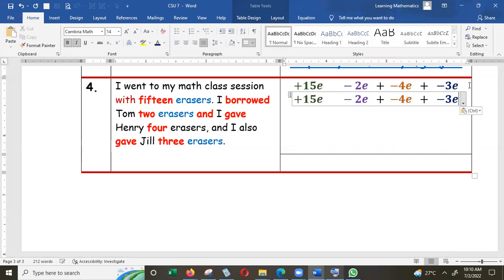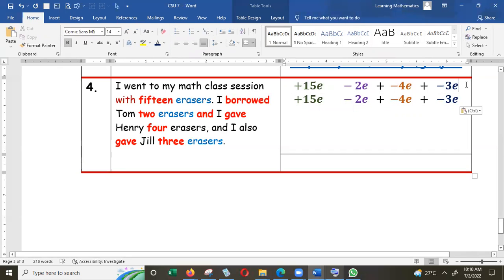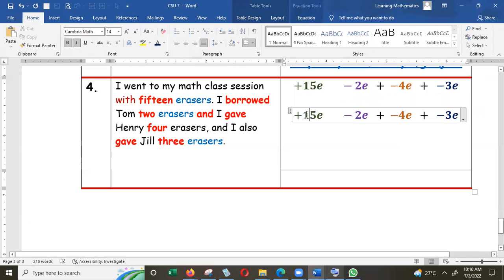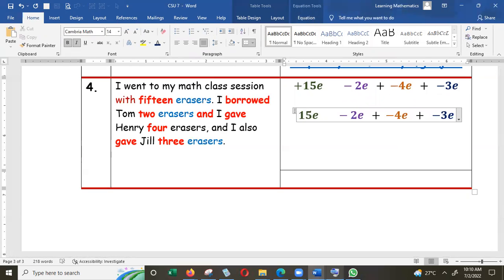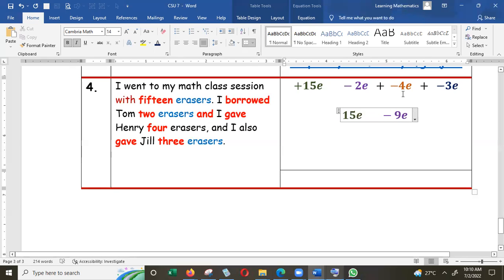Now it's very common, if there isn't any number or letter to the left side and there's a plus sign, you can drop the plus sign. So if you don't see any sign, there's an invisible plus sign. So there's a plus 15E. And how many erasers did you give away in all? You gave away 2 and 4, so you gave away 6, and 3, so you gave away 9 erasers. 9 erasers were given away. 2 and 4, that's 6 you gave away, and 3, you give away 9.